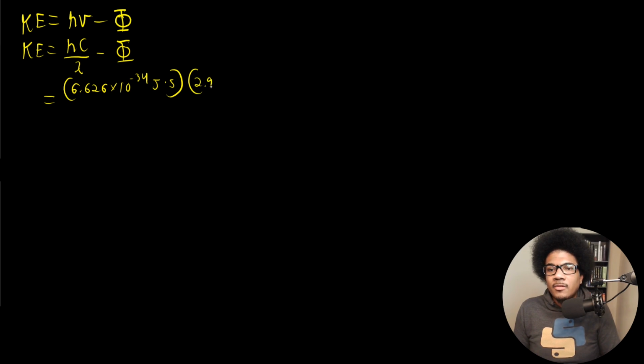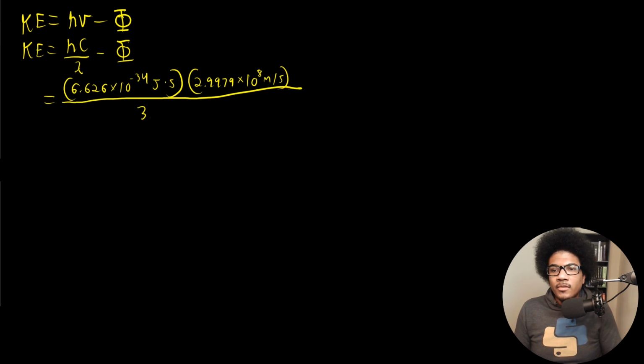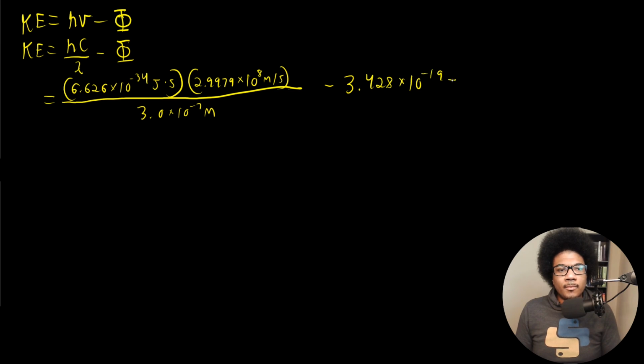Speed of light, 2.9979 times 10 to the 8 meters per second. Over the wavelength, which is 3.0 times 10 to the negative 7 meters, minus our work function for cesium, which we calculated on the previous slide, which is 3.428 times 10 to the negative 19 joules.